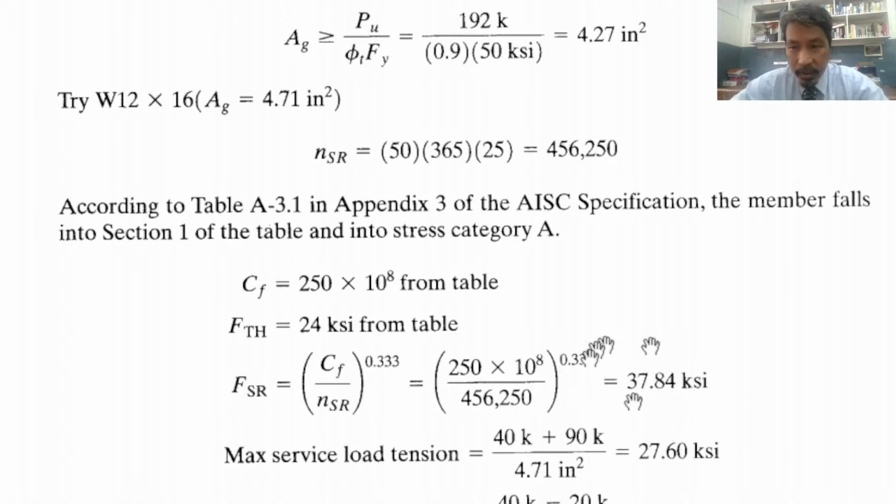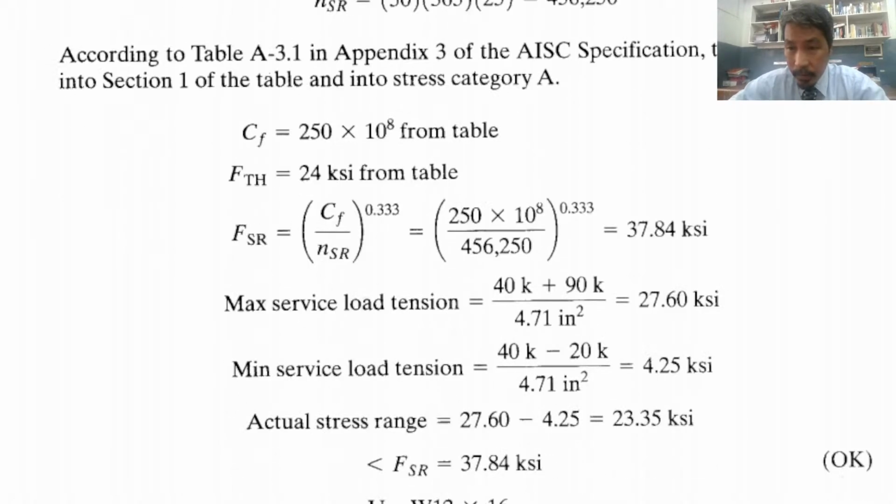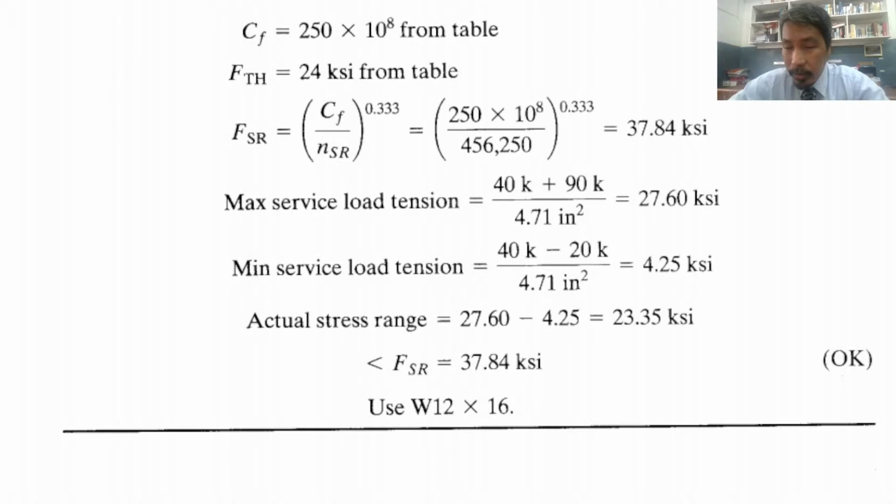So we have this value. Do I need to show you the table? That is in Appendix A of this PDF. So go and find this out from the table.